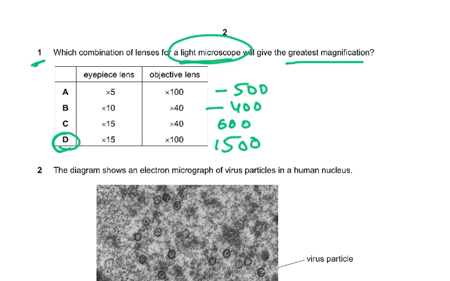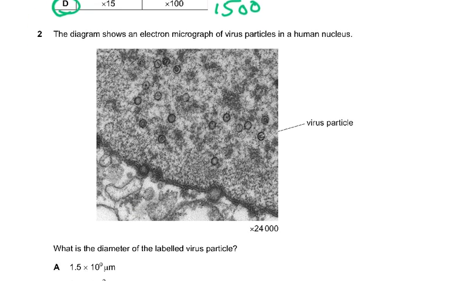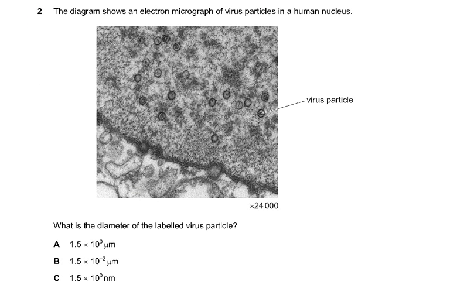It just becomes blurred. The diagram shows an electron micrograph of a virus particle in a human nucleus. So you measure it. It is nearly 3.6 millimeters. So that means it was 3600. You multiply it by 1 millimeter is equal to 1000 micrometers. So it will be 3600 micrometers, because 3.6 into 1000 is 3600 micrometers.